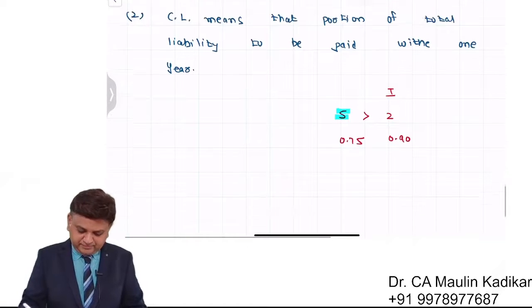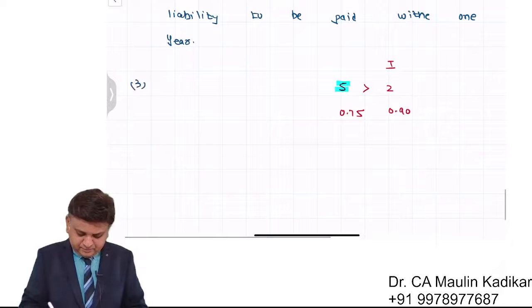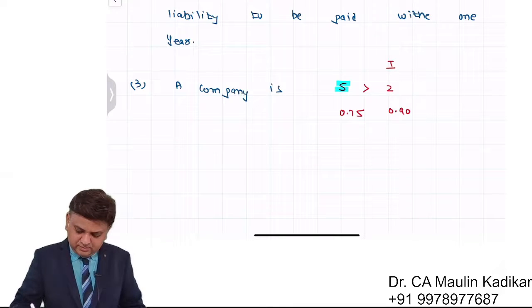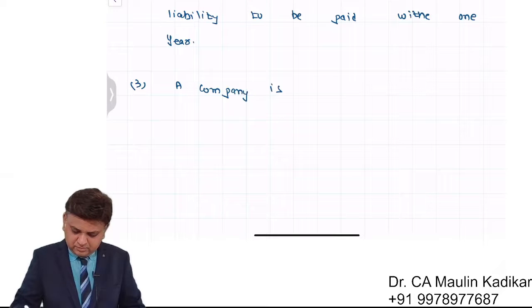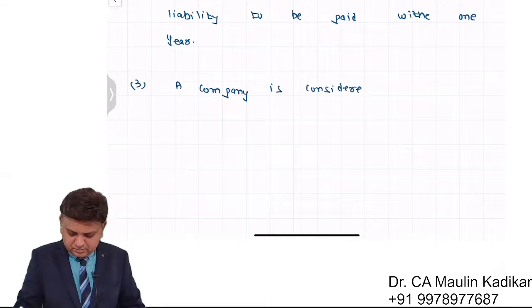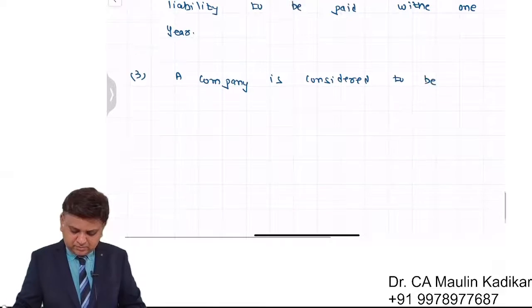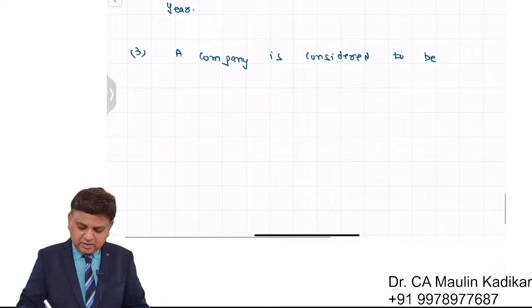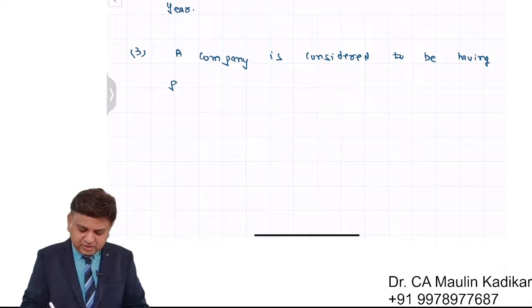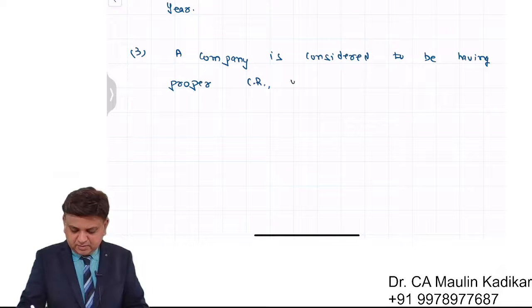Right, on the third point: a company is considered to be having proper current ratio, comma, which is near to industry.